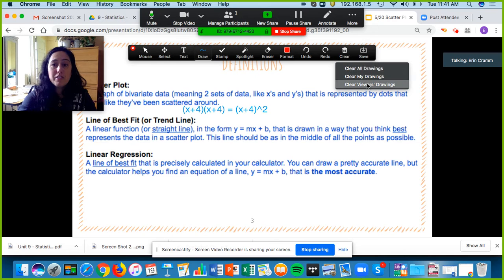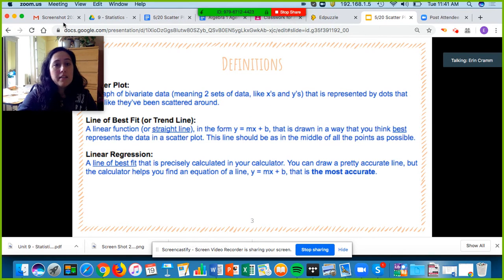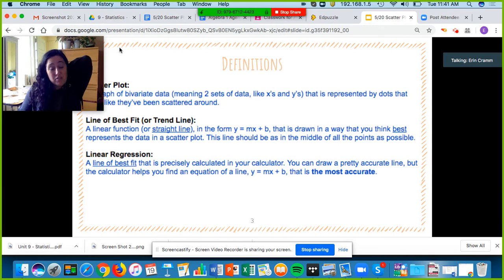For the definitions here, scatter plots are just graphs, right? We're used to having graphs that make a specific shape. That's how we know it's linear. It makes all the points connect to make a straight line, or a parabola, where all the points connect in that very specific shape to make a U shape.